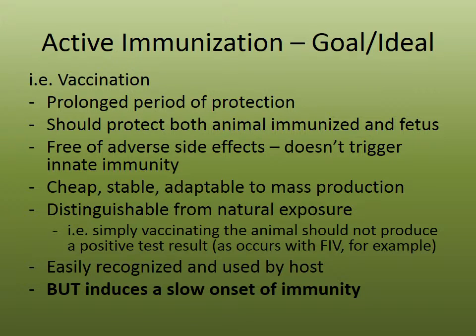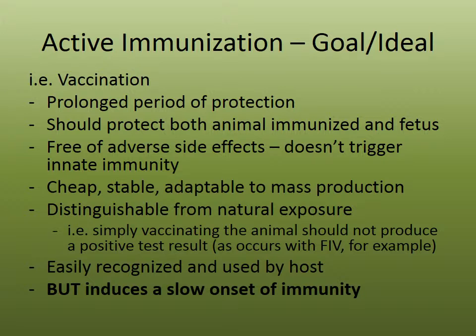I'm going to talk for a minute about the ideal vaccine. That's what this slide is all about. What we'd like to see in a vaccine, ideally, is a prolonged period of protection, a vaccine that protects both the animal being immunized and a fetus if there is one. We need something that's free of adverse side effects, so it doesn't trigger innate immunity, which means it doesn't cause inflammation or inflammatory reactions, which vaccines certainly can do.